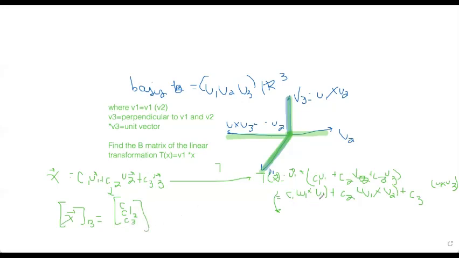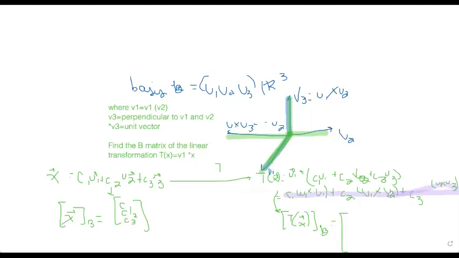And then we can also say that T of X, that vector coordinate, is, think about this, what are our C's going to be? Well, if we think about how can we simplify this?